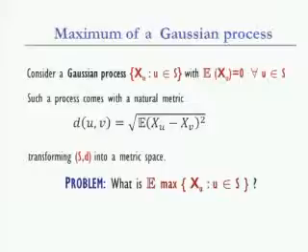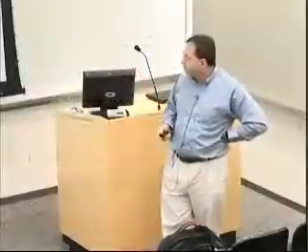Given any Gaussian process, the right way to analyze it is to first look at the metric where the distance between two indices is the L2 norm of the corresponding Gaussian variables. That defines an L2 metric.